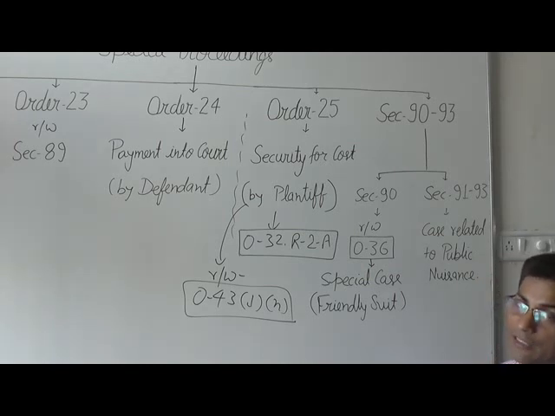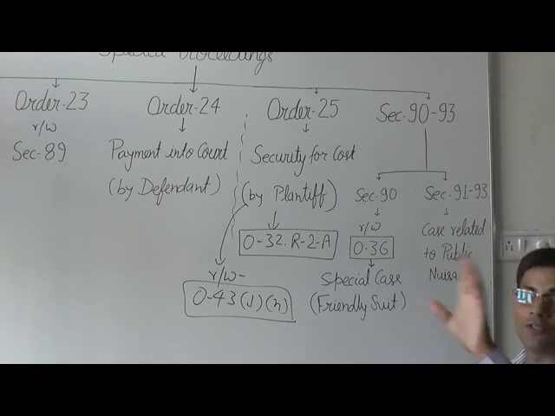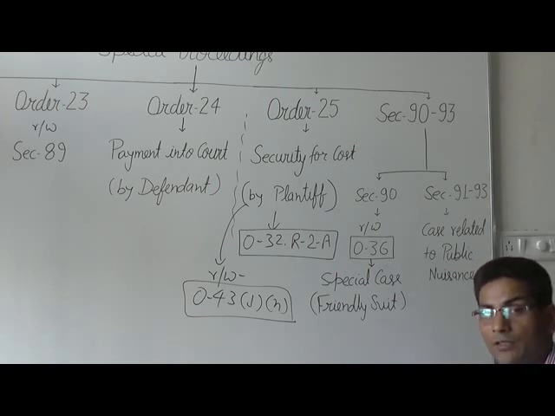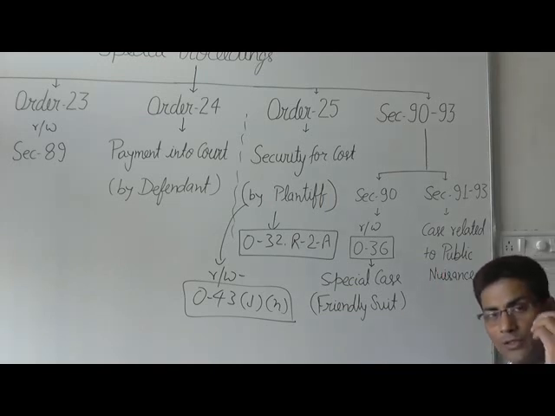If special damage has been caused to them, then it would be private nuisance for those who had suffered the special damage. But if no special damage has been caused, then it means there is no private nuisance, there is only public nuisance.